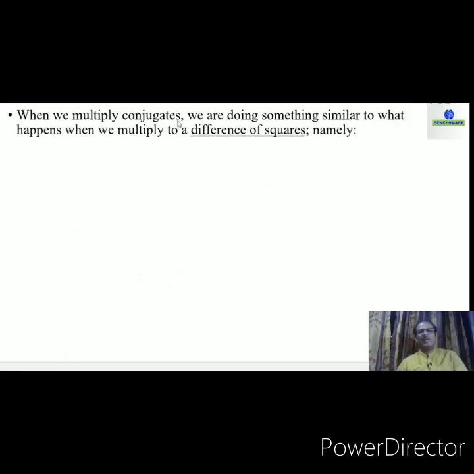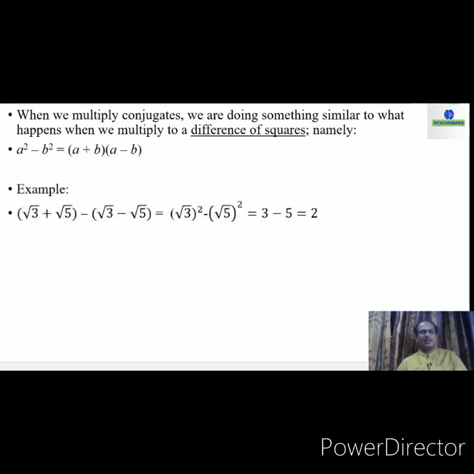Now when we multiply conjugates, we are doing something similar to what happens when we multiply a difference of squares, namely a square minus b square is equal to a plus b into a minus b. And this is a formula we have been learning from standard 7 onwards. Let's take an example: root 3 plus root 5 into root 3 minus root 5.